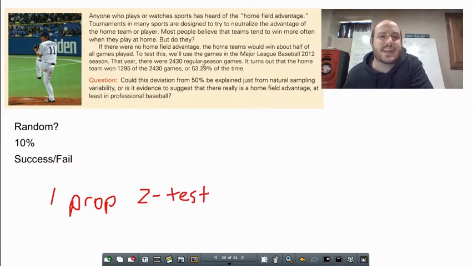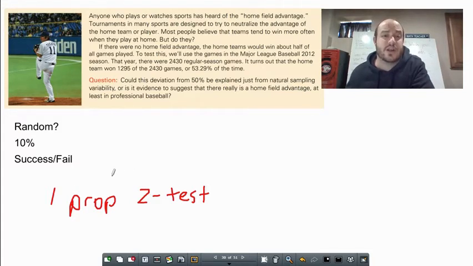Well, it gives us a 50% to use as our norm and then gives us one sample that had 53.29%. This is obviously a proportion: they gave us one number and then a sample number as well, and both of them are proportions. So it should be pretty obvious that this is a one proportion z-test.